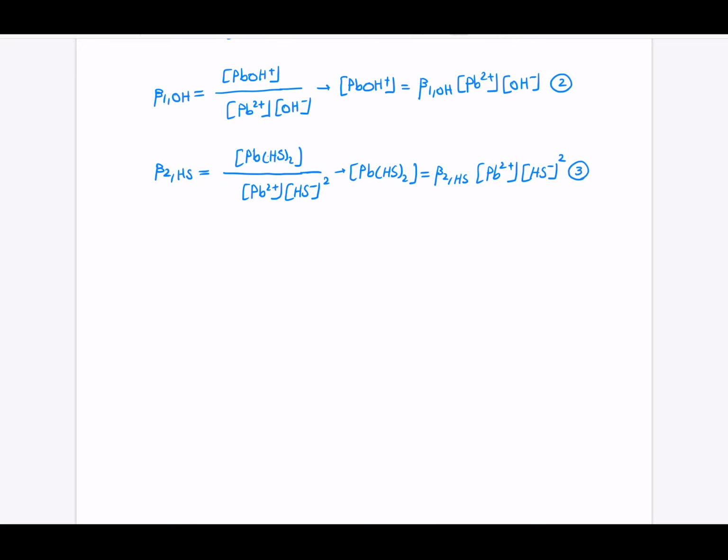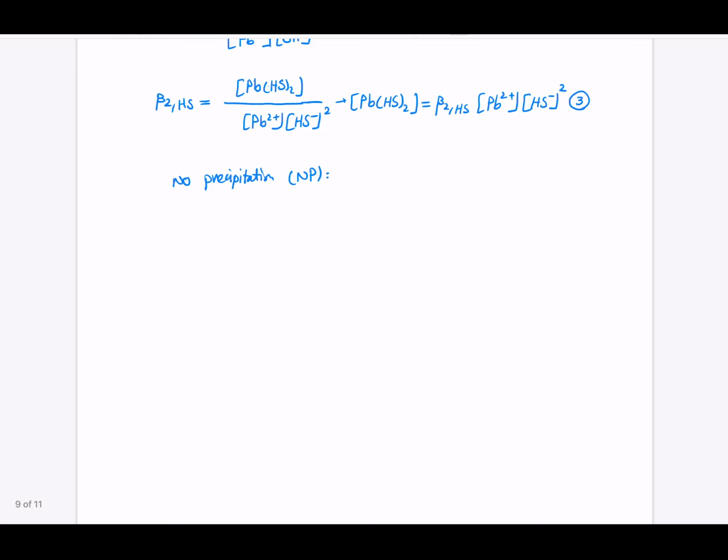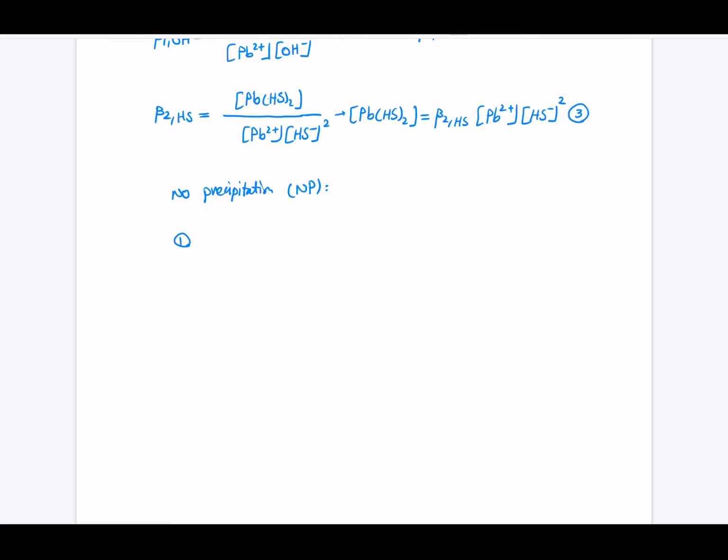So as you see, this is a scenario that we have no precipitation and precipitation, so both. We know how to deal with it. First, the no precipitation scenario. Is NP 1, 2, 3 into total Pb expression.